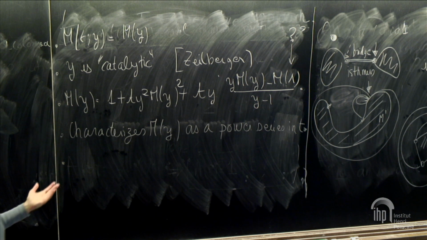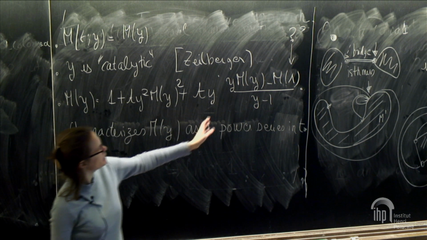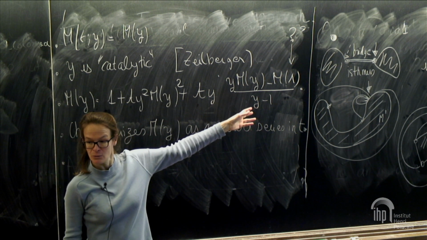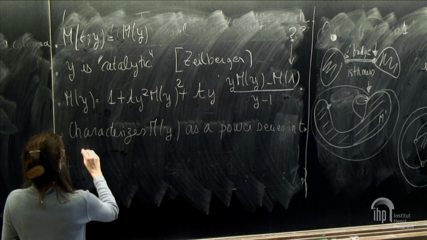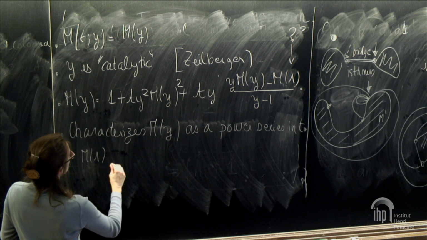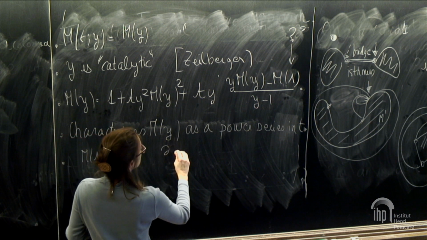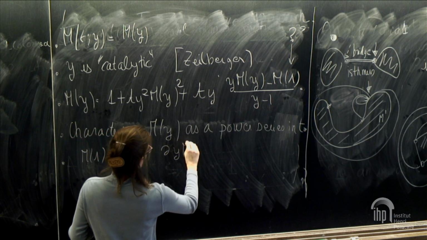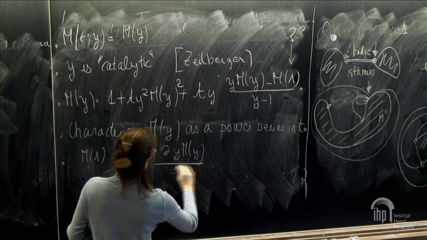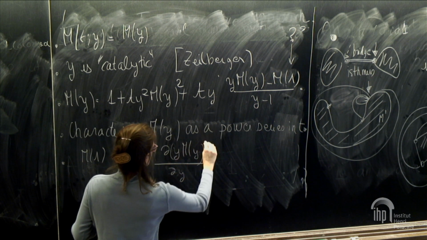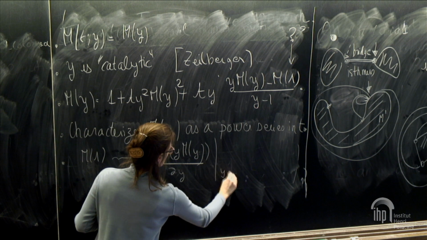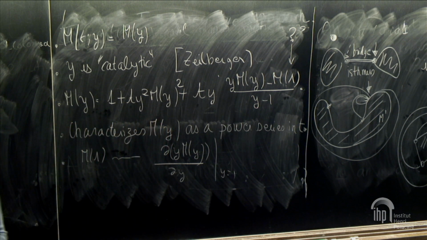The first temptation is maybe to let y go to 1 here. This gives you m of 1 in terms of essentially the derivative of m of y taken when y is 1.